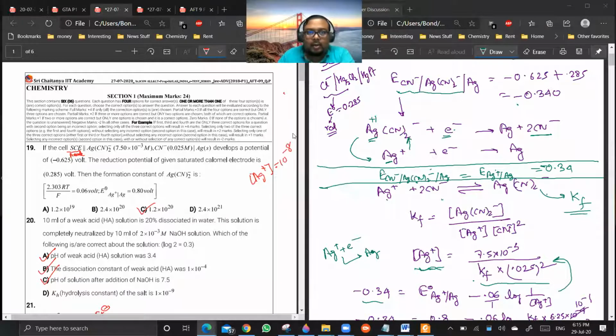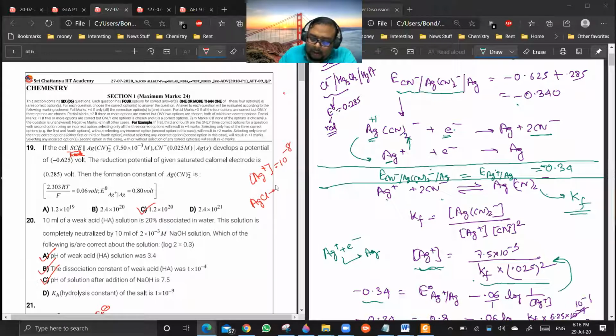Now you cannot make this solution by putting 10 to the power minus 8 moles of AgNO3 in water. Are you getting my point? It is pretty difficult to do that because such small measurements won't be possible. So instead of that, we can use AgCl. It is just a like-to-like example.